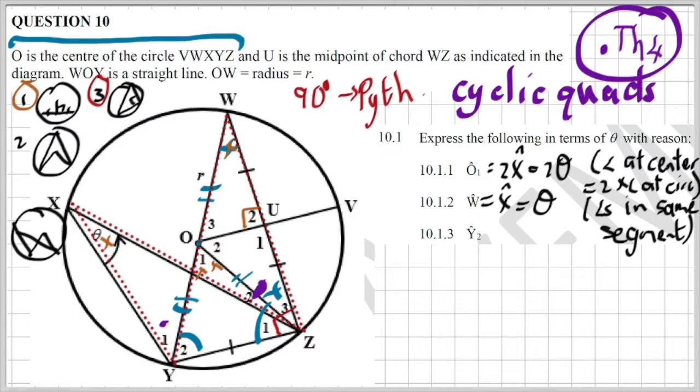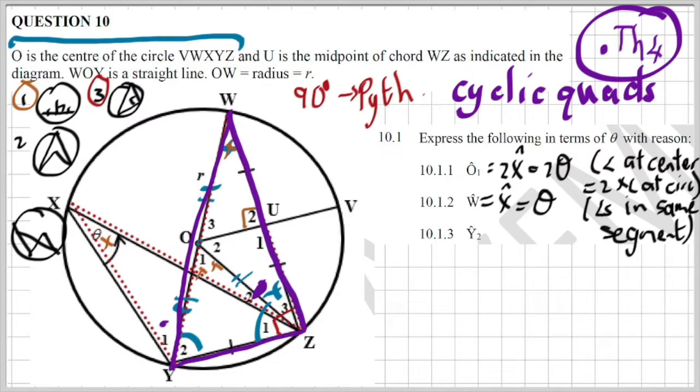Last but not least, we've got Y2. But please, ladies and gentlemen, now we kind of need to go and say, okay, but how does Y2 relate to the rest of what we've done so far? Well, Y2 is in this triangle here at the top.